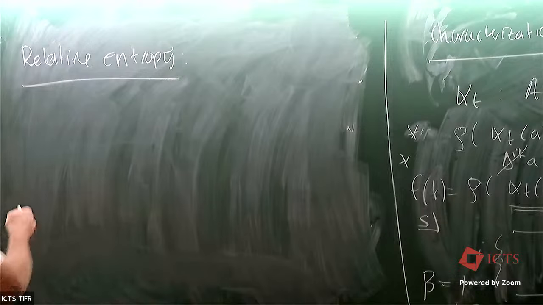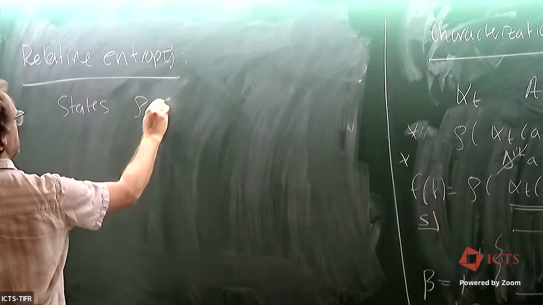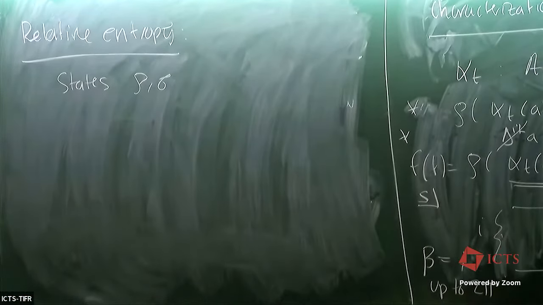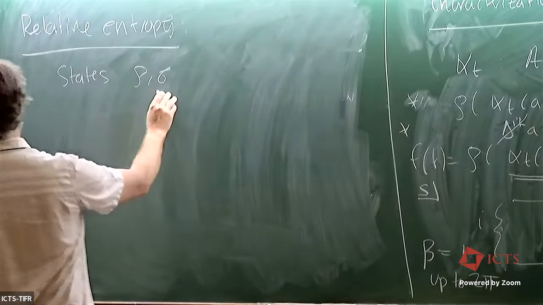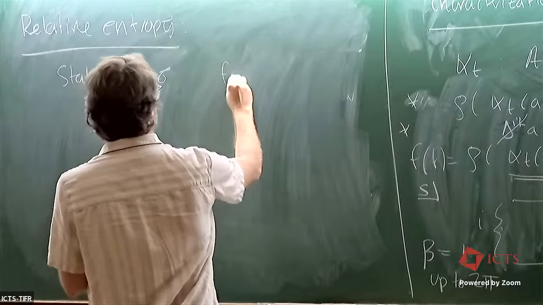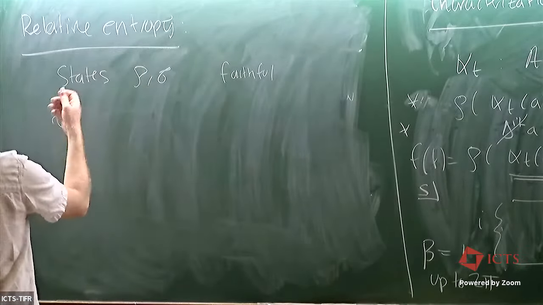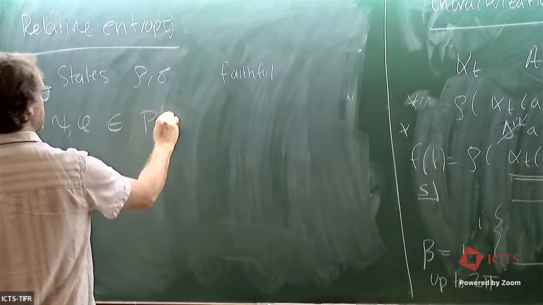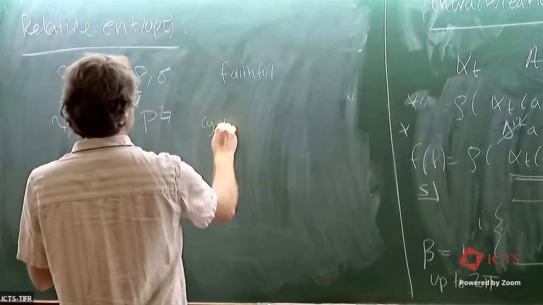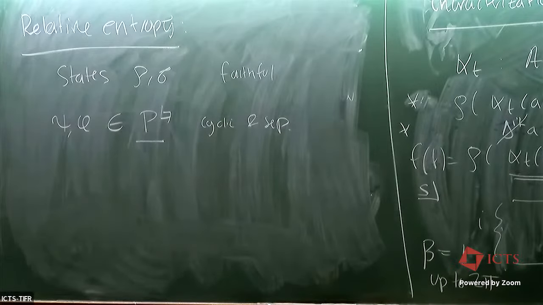In particular, it relies on 2 states, rho and sigma. Again, they're linear functionals, normal, and so forth. I'll just assume they're faithful, which means that I can find 2 purifications that are cyclic and separating. In particular, I will use these purifications in this natural cone because it simplifies things a little bit.